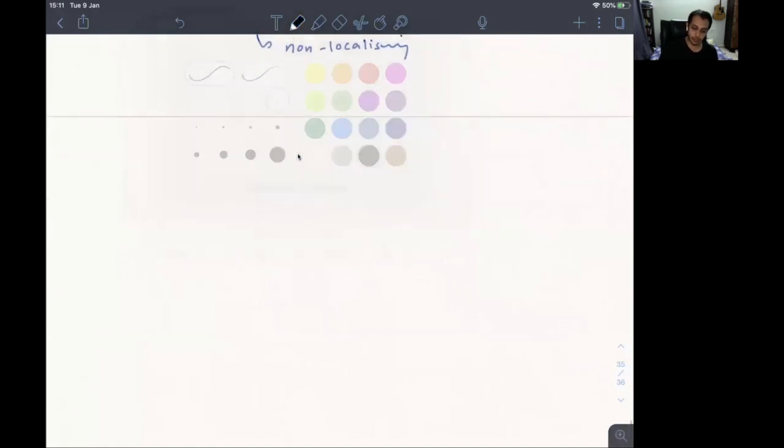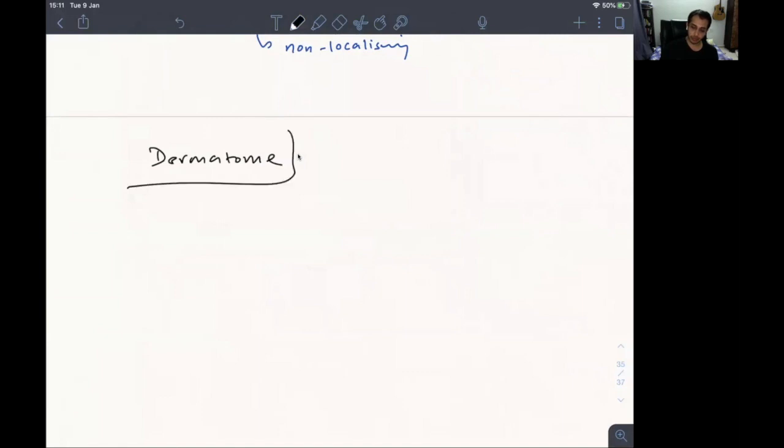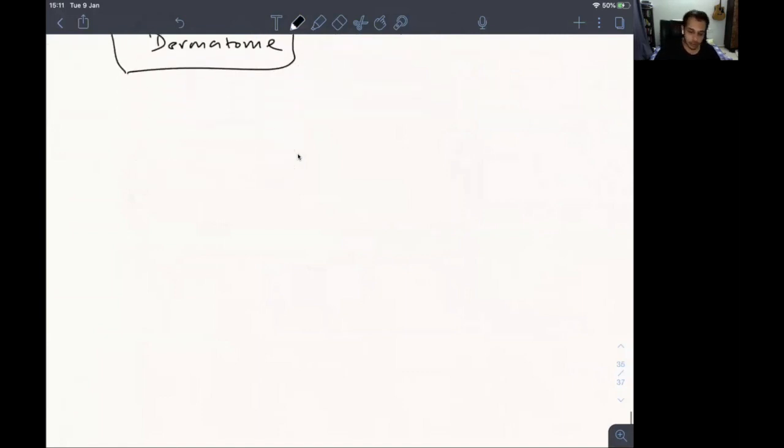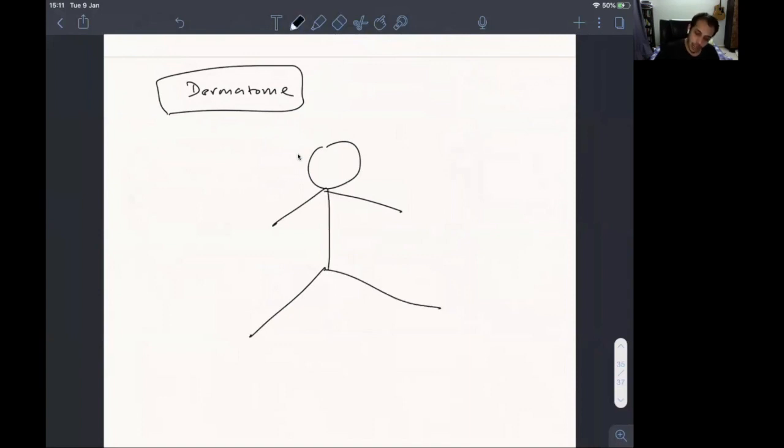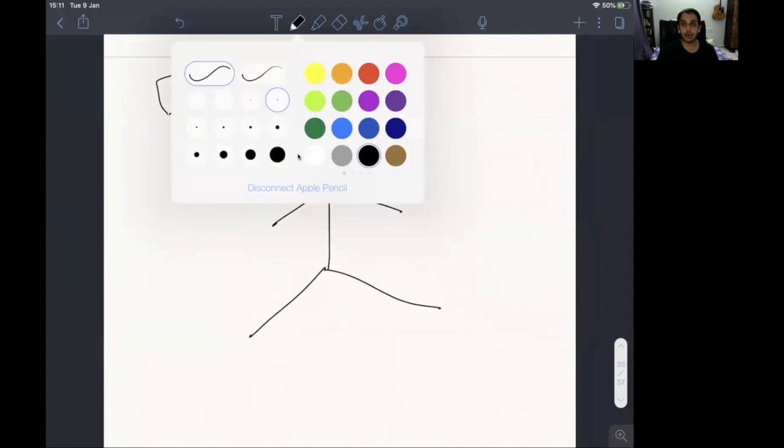And that brings me to the concept of dermatomes. So I hope that you are all familiar with the concept of dermatome, because we don't have the time to go too much in depth about it. But the idea is that every nerve root will have a site of origin.